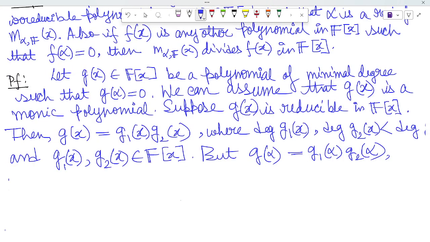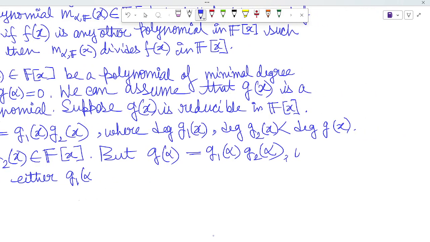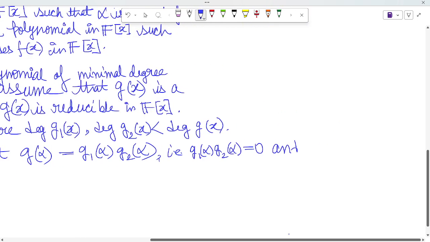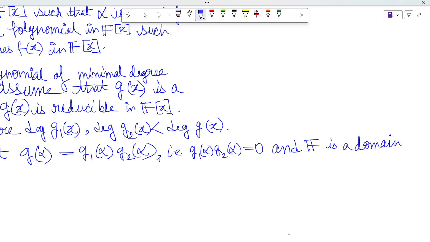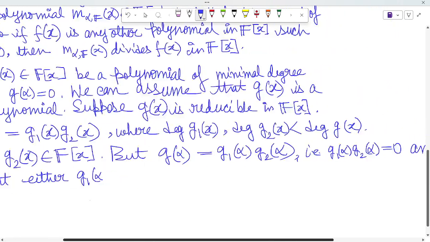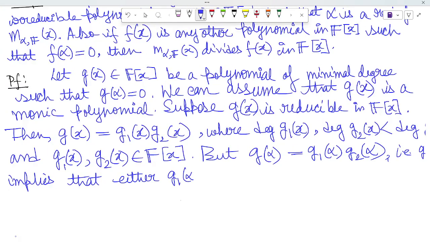That is, g1(alpha) g2(alpha) equals 0, and since F is a domain, either g1(alpha) is 0 or g2(alpha) is 0.